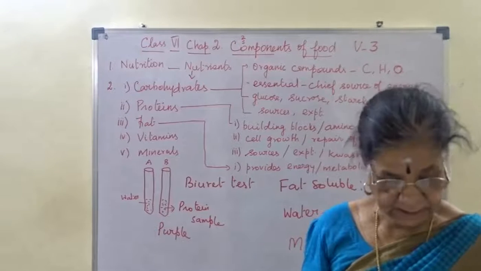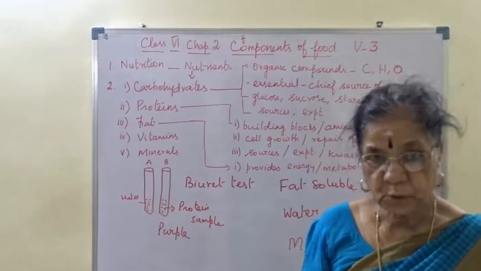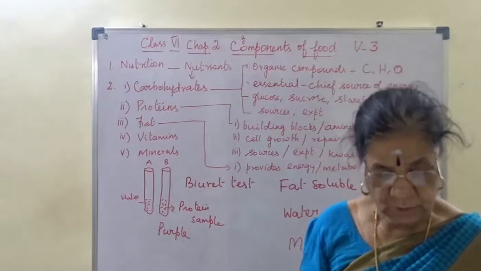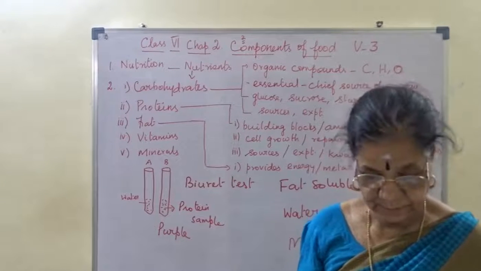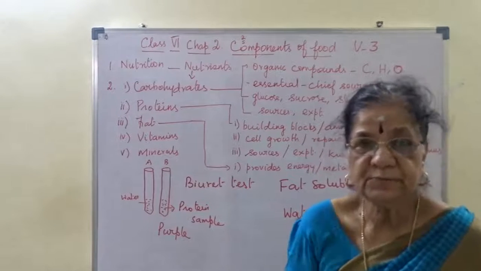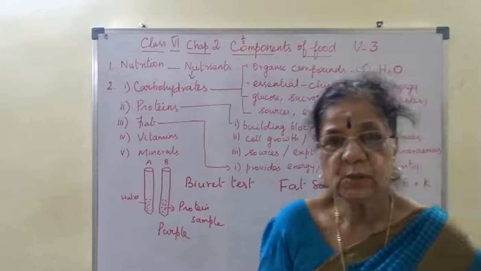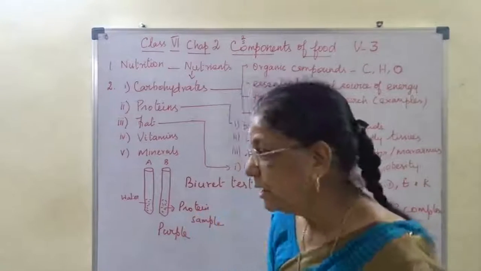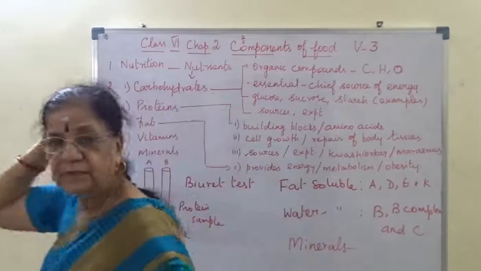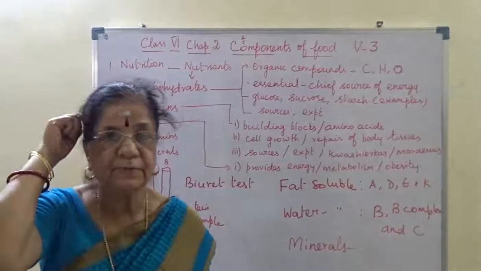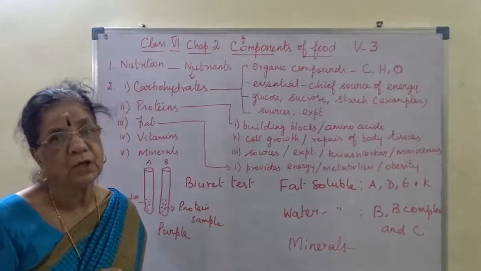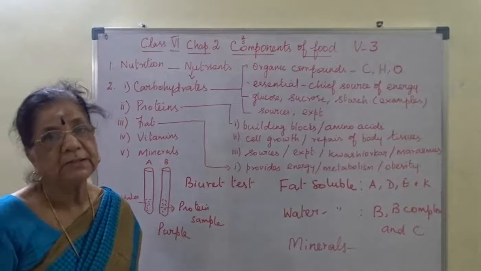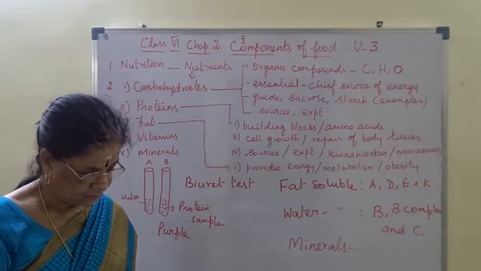Iron is found in spinach, mint leaves, dates, broccoli, whole cereals and nuts. Deficiency of iron causes the condition called anemia. Anemia is when a person suffers from lack of RBC. And iron is a micro mineral.